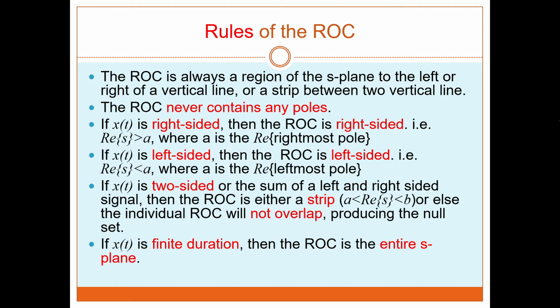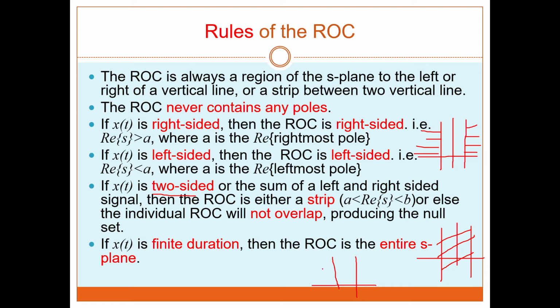That means if we have a signal like this, when we identify the first one, right-sided is here, or it can be left-sided here, or for example this two-sided one, it can be this one and this one, a strip, or it will not overlap. That means there are two values of poles. Not overlapping means one is to the right and one to the left.